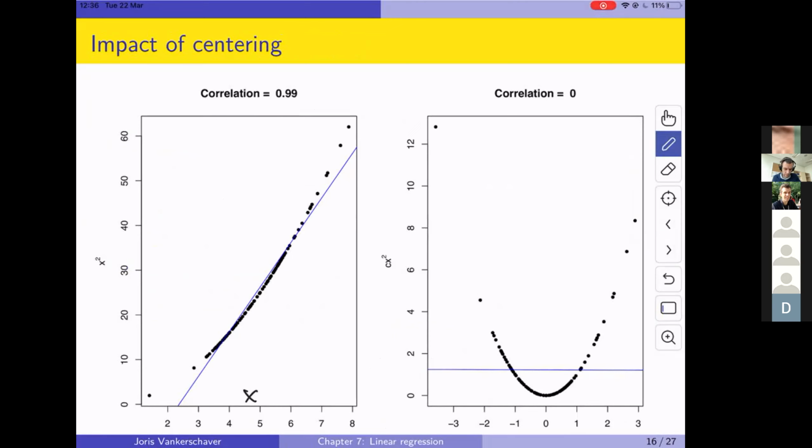On the right, we take x minus x bar, the average x, and on the y-axis we put x squared minus x squared bar. So we square and subtract the mean square.